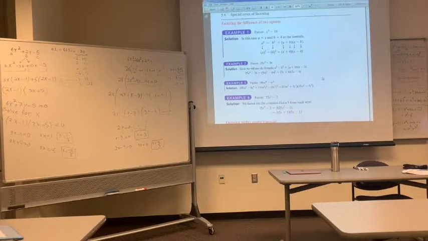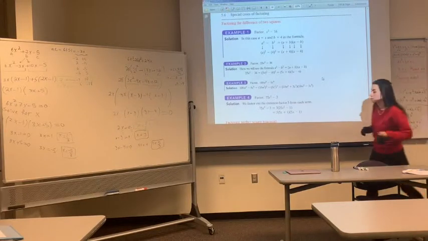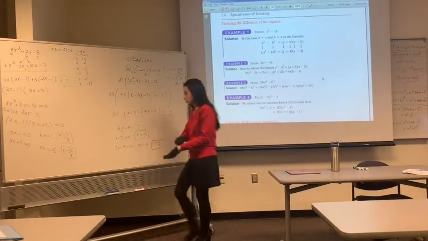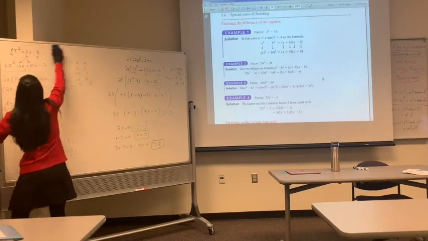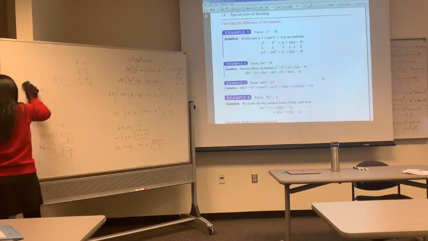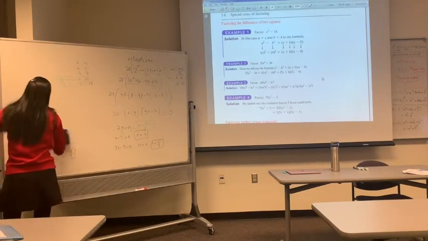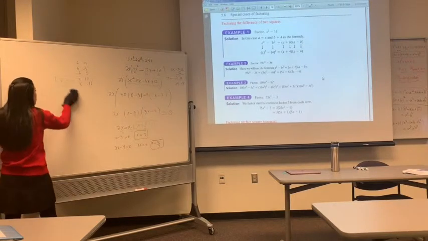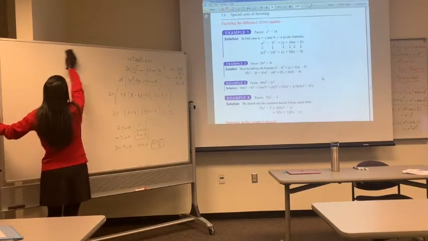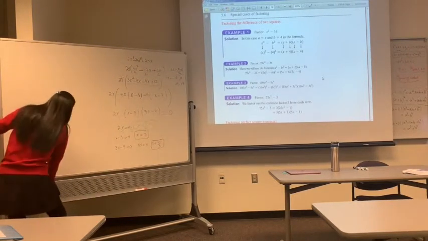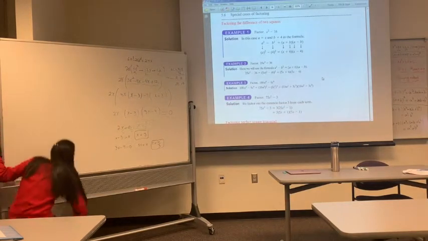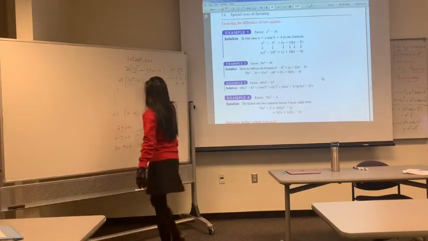So I'm going to use this one, and we are going backward. Previously we went from the left side to the right side. Now we will go from the right side to the left side.